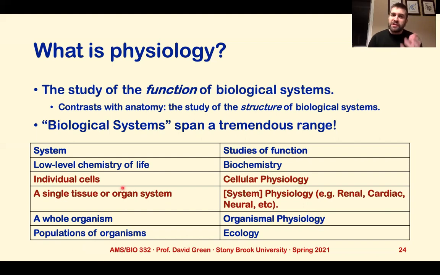We don't usually use the term physiology, or anatomy for that matter, to describe the studies at this very low chemical level. Rather, we tend to refer to that as biochemistry.